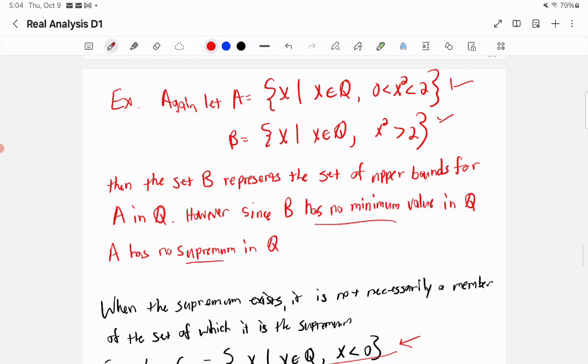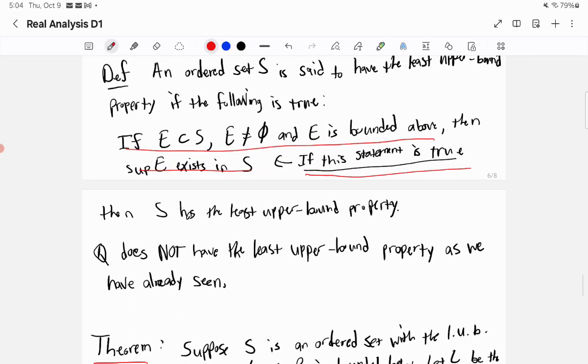Therefore, we can say that Q does not have the least upper bound property. If you're dealing in the rational numbers, it's not guaranteed that there is a least upper bound. Therefore, the set Q does not have the least upper bound property because we cannot guarantee it. The real numbers do have this property. So we always can say that there is a least upper bound.